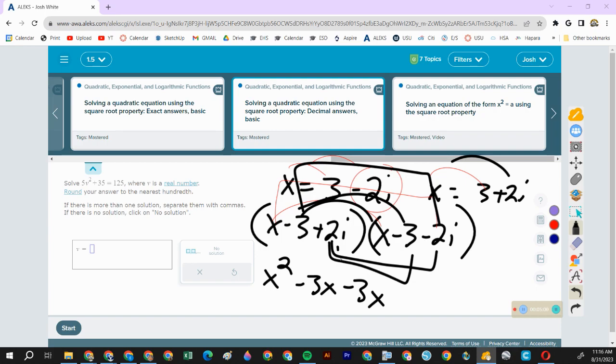I'm sorry. It canceled that. Yeah. So negative 3 times negative 3 is plus 9. And then this one gives me minus 4i squared. But what is i squared? Negative 1. So really this is just plus 4. So I just created x squared minus 6x plus 13.